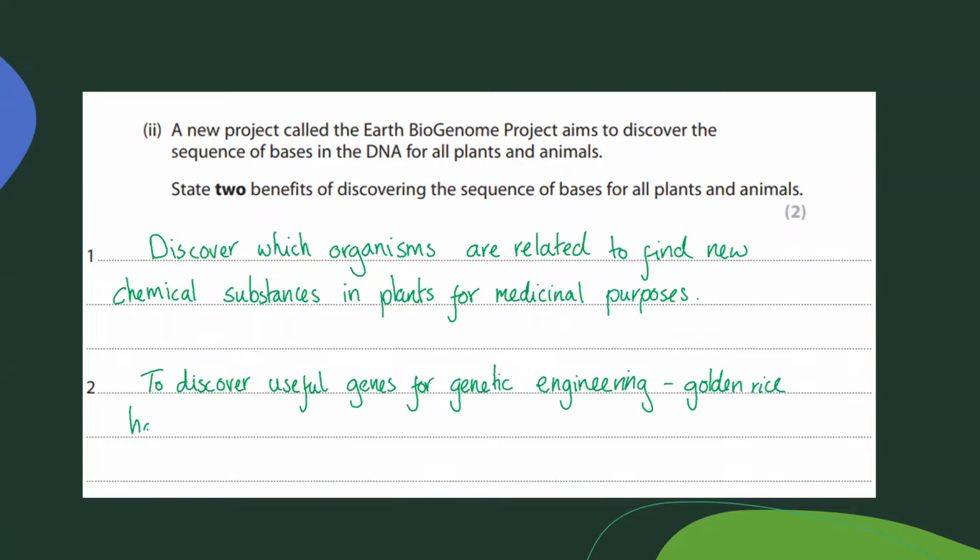So golden rice has genes to produce vitamins from another plant. So we could produce a better organism, which actually has benefits to humans. Okay. And with humans, if you ask about the human genome, obviously you can find genes which cause certain conditions, and things like that as well.